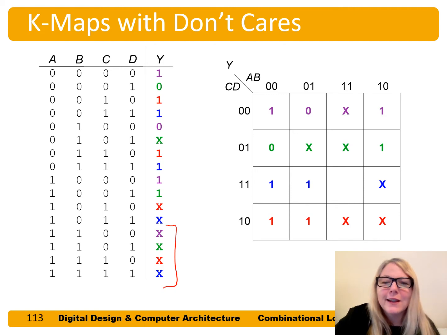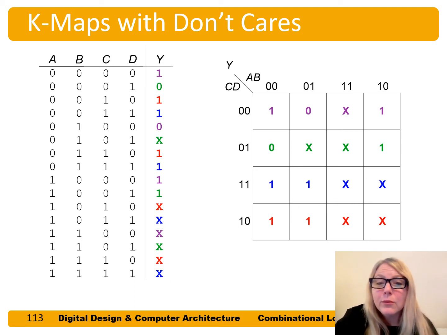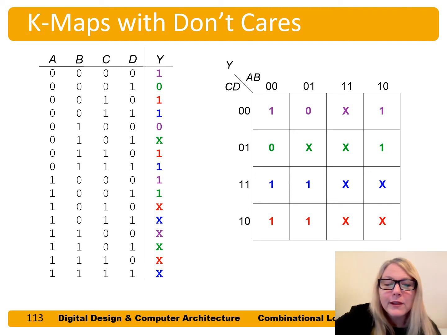Don't care, skip a row, don't care, and then our final don't care. So we've entered our K-map correctly, and now we're going to look for 1s, but we can include a don't care if it helps us make the circle bigger around a 1. So we're not going to circle don't cares just to include them. It's only if it helps us make a circle around a 1 bigger.